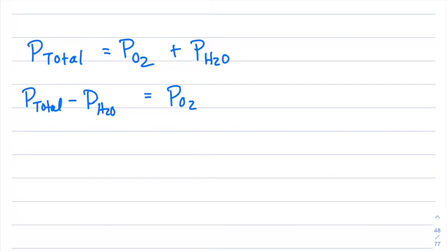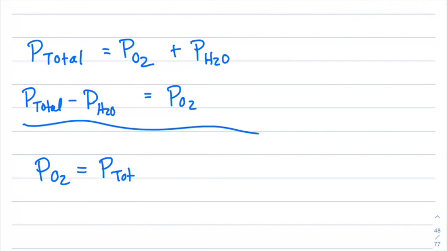However, as a previous PowerPoint said, it's easier to just remember that when you're collecting over gas, the pressure of oxygen will be P total, which is the room pressure, minus the pressure of H2O.